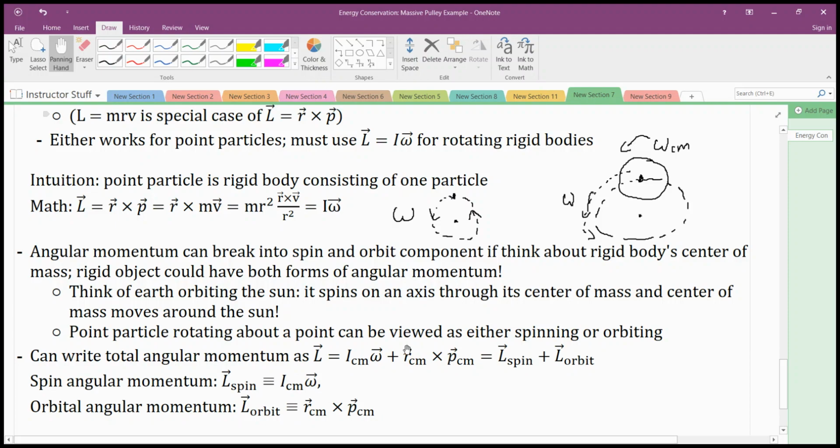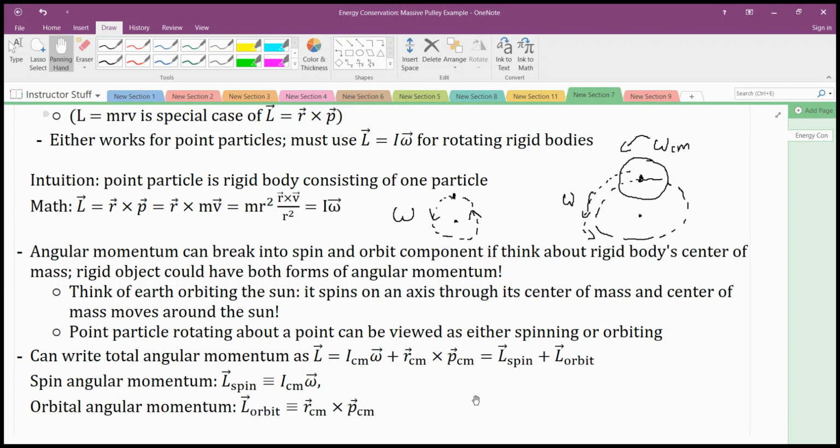You may see this formula for total angular momentum sometimes, and this is where it comes from. It's just decomposing the total angular momentum into orbital and spin components. We therefore see then that a point particle can be viewed again as having either spin angular momentum or orbital angular momentum. In broad strokes, I omega is spin angular momentum and r cross p is orbital angular momentum.